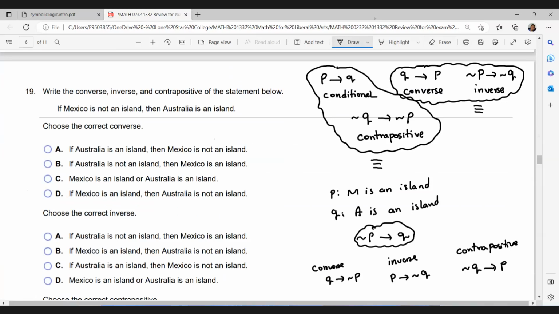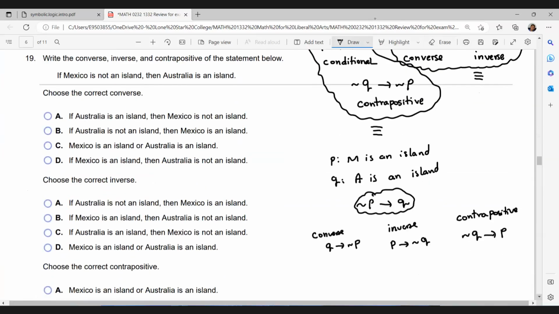Now that we have all the work here, the converse is: if Australia is an island, then Mexico is not an island.